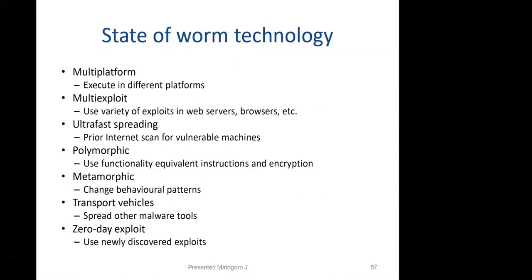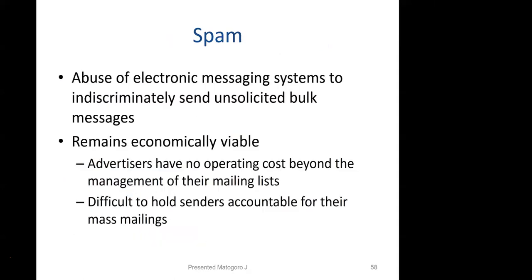Code Red, these are some of the worms that are state-of-the-art technology. This is a platform which is always executing on different platforms. But you can also have ultra-fast spreading, polymorphic, metamorphic, transport vehicles, zero-day exploits. These are some of the states of worm technology.